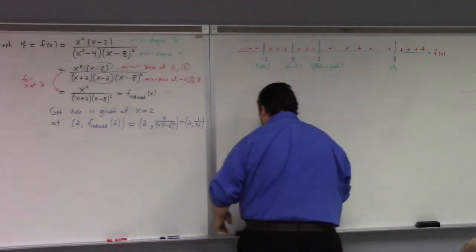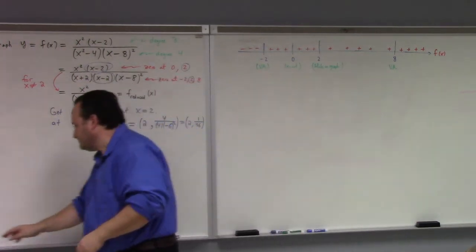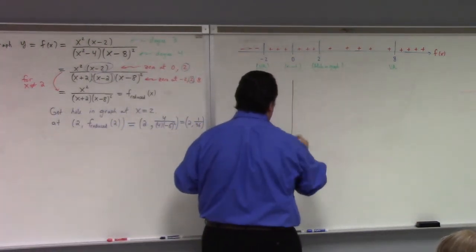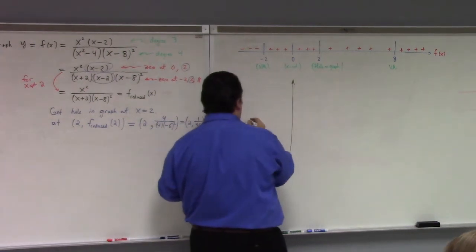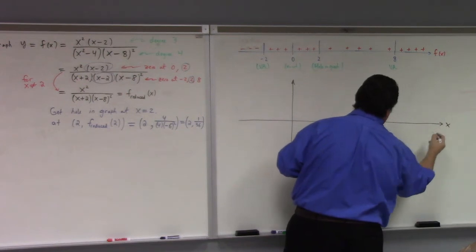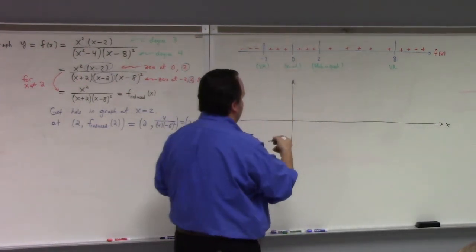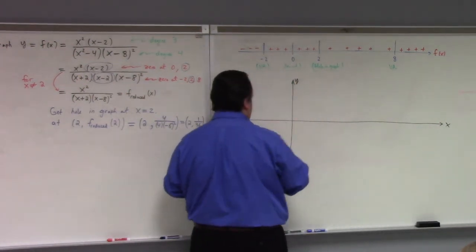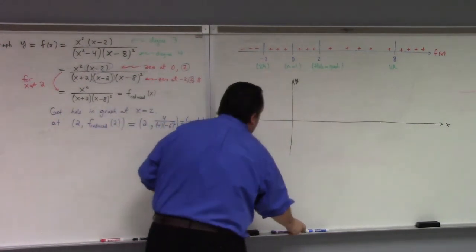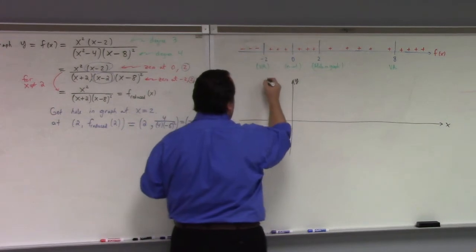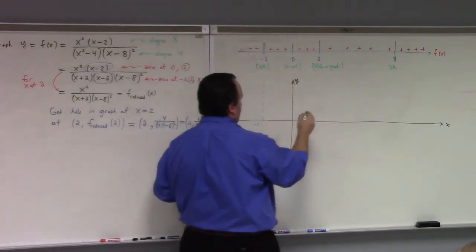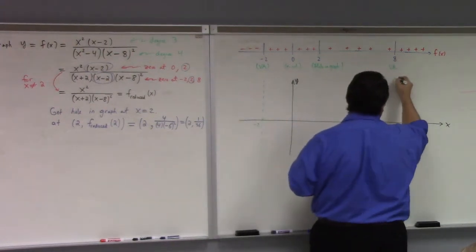All right, so here we go. And my horizontal asymptote is y equal to 0. So eventually the graph is drifting into the x-axis. So I've got a vertical asymptote at minus 2, and a vertical asymptote over here at 8.